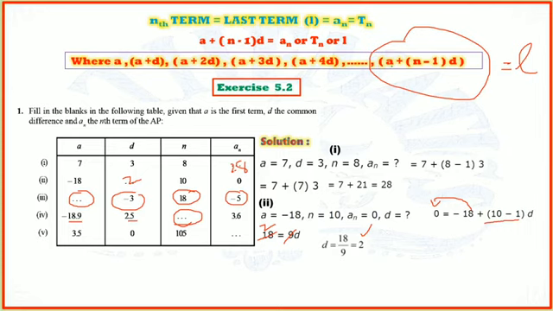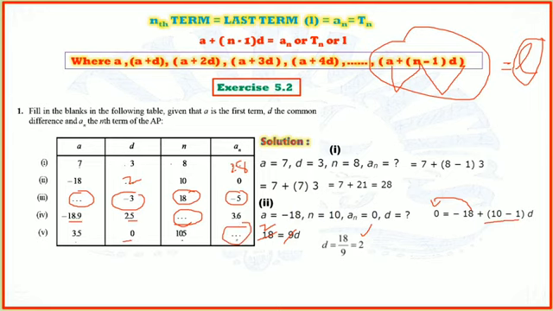Out of these four quantities, a, n, d, and l, every time you have three values, so automatically you can find out the fourth one. So that is all about question number one.